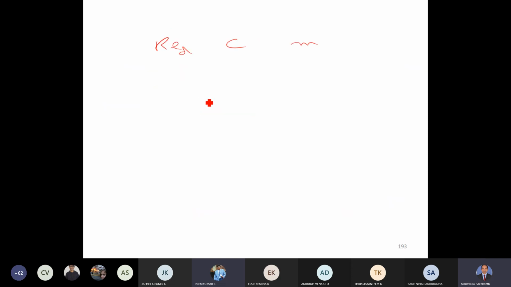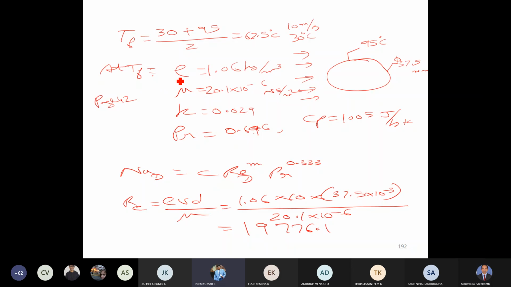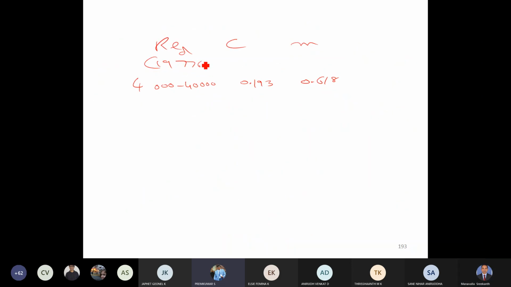We have one range here for Reynolds number between 4,000 and 40,000. The value of C is 0.193 and the value of M is 0.618. Our Reynolds number falls in this range. Therefore, this will be the value of C and this will be the value of M.